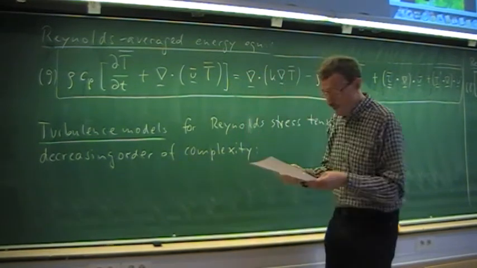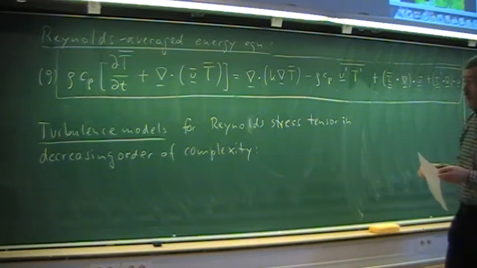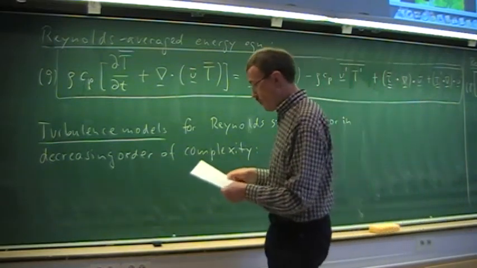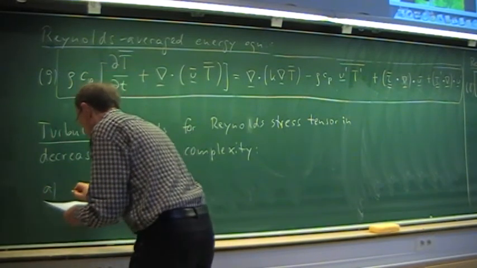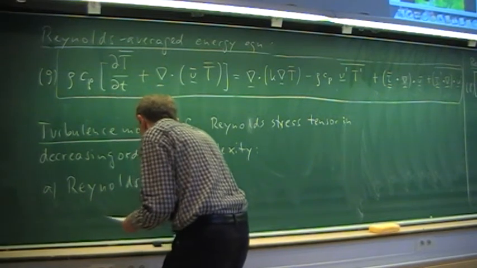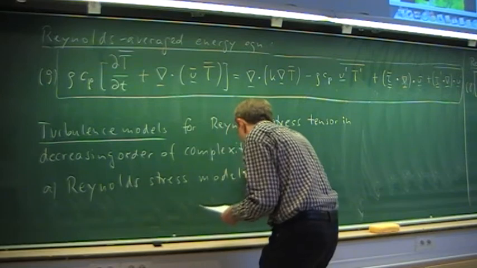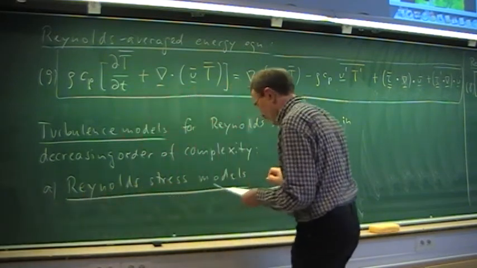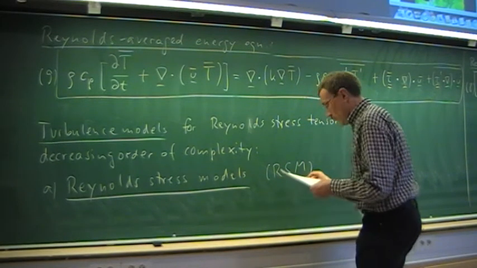That is now the following. So the most complex one for this class of Reynolds averaged Navier-Stokes models is the Reynolds stress model. So there are different Reynolds stress models. So the abbreviation is RSM.